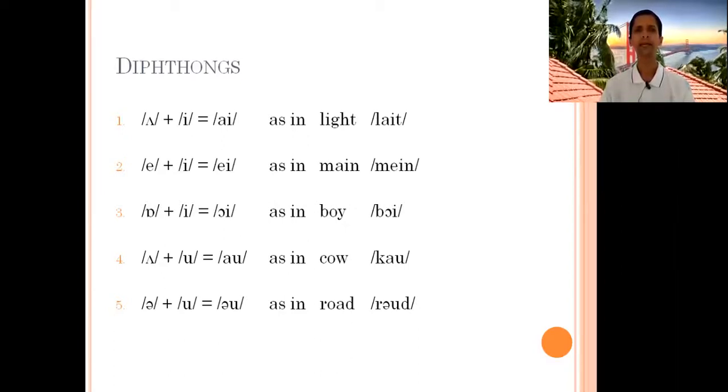But we have many common words also which have this diphthong in it, like N-O is no, and G-O is go. Whereas usually people pronounce it as naw and gaw, which are wrong pronunciations. So this is also a very common sound in the English language, O, as in road.